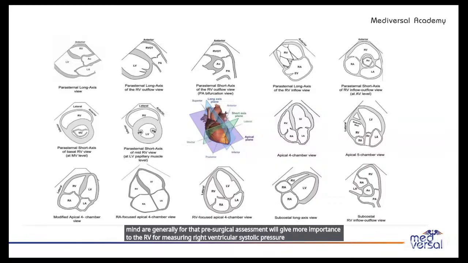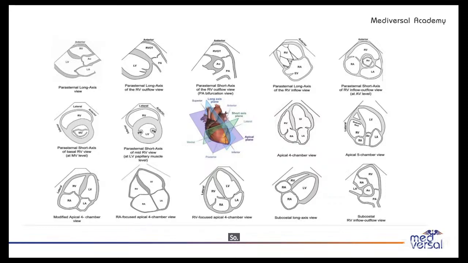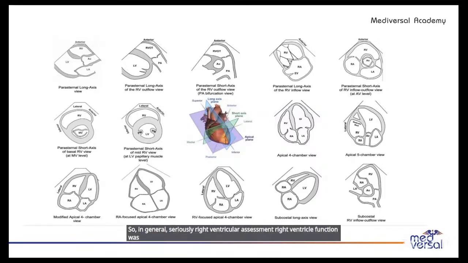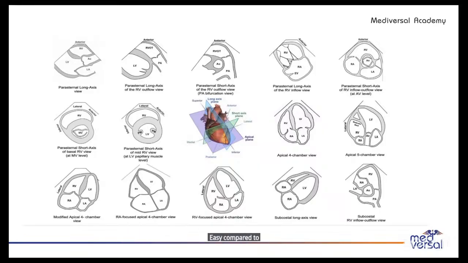If RVSP is high, extubation after intubation will be difficult for the anesthetist. So, in general, serial right ventricular assessment of RV function is easy compared to the left ventricle if you go in a systematic manner.